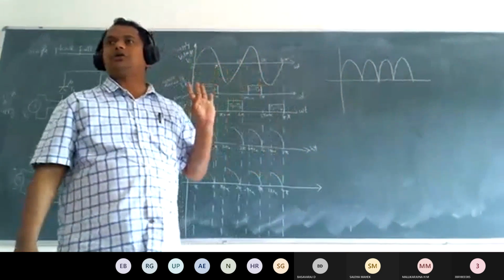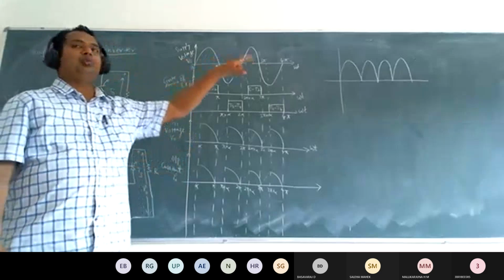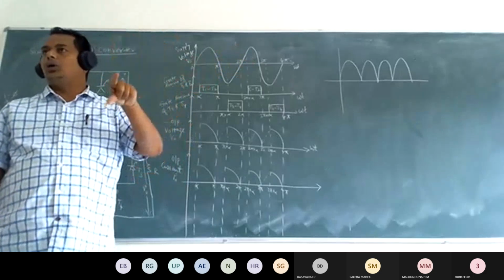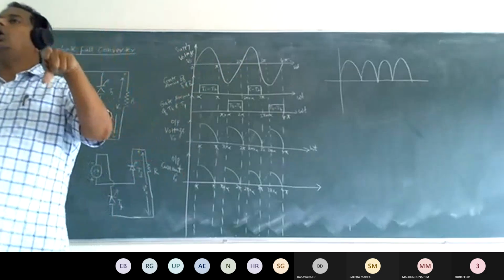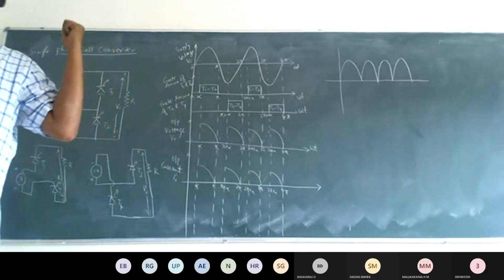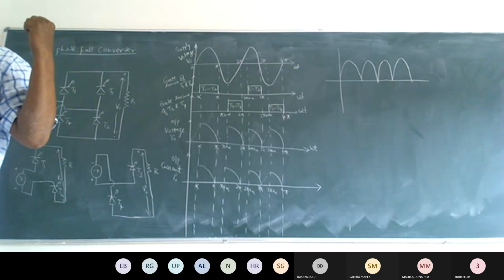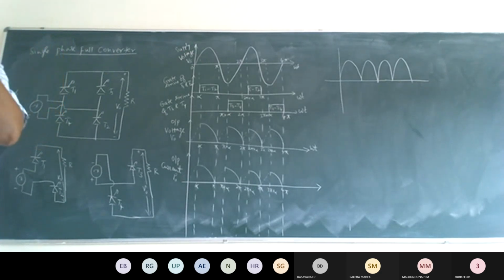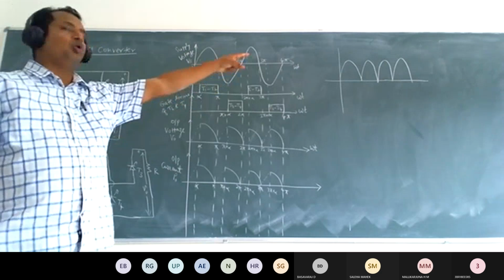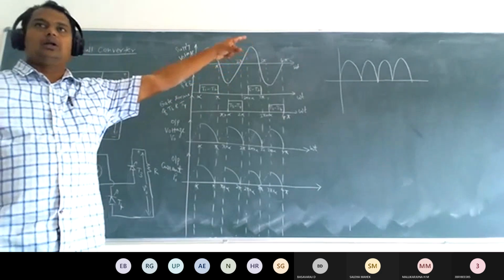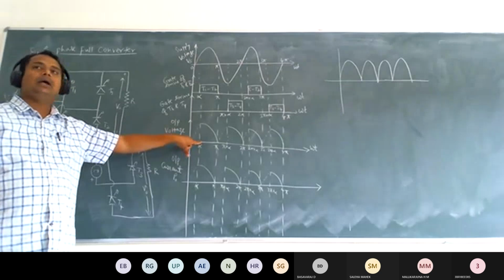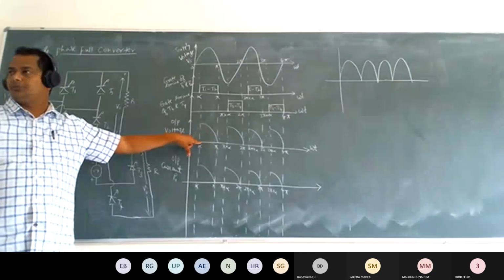Full wave rectifier circuit, same thing. Whatever output you are getting, that we have to control. In order to control the output voltage, we are replacing the diodes by SCRs. If you connect the diode, we will get the output voltage like that. If you connect the SCR, we will get the output voltage with a controlled angle alpha.